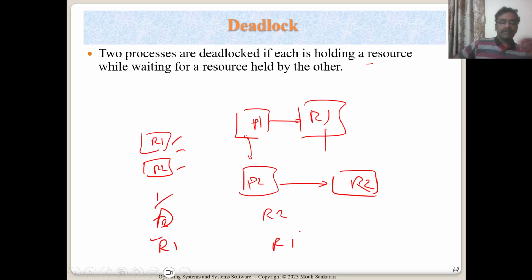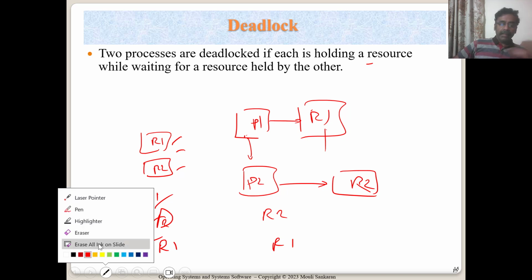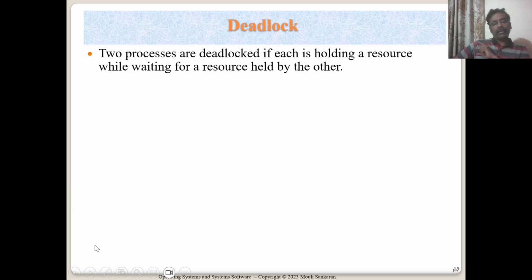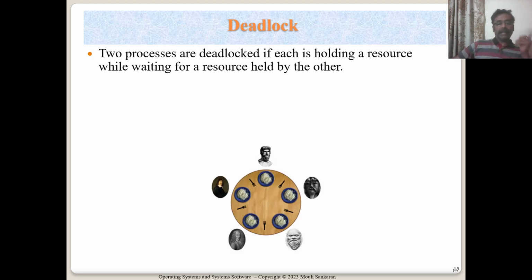This kind of scenario is a deadlock situation, wherein a process is holding a resource and waiting for some other resource which is held by another process that wants this resource. A very famous problem is where Chinese philosophers are sitting and eating together, and they need to share the forks which are in between them. They can eat only when both forks are available.